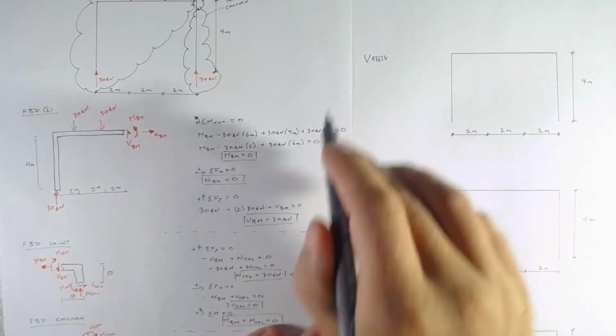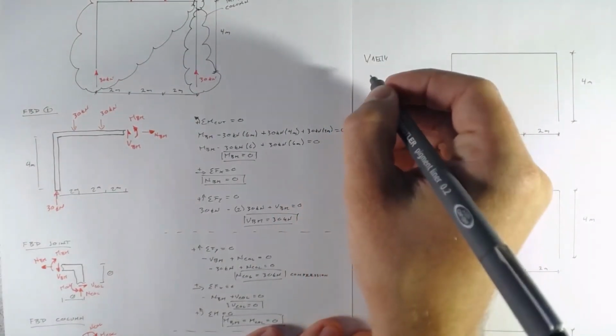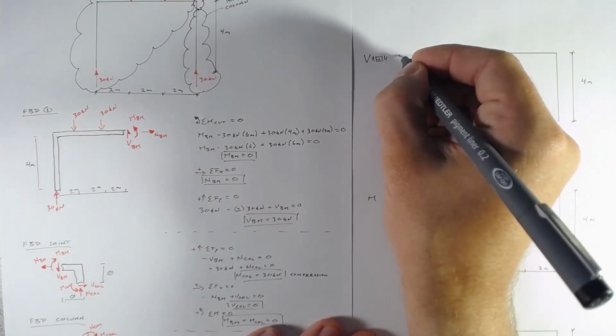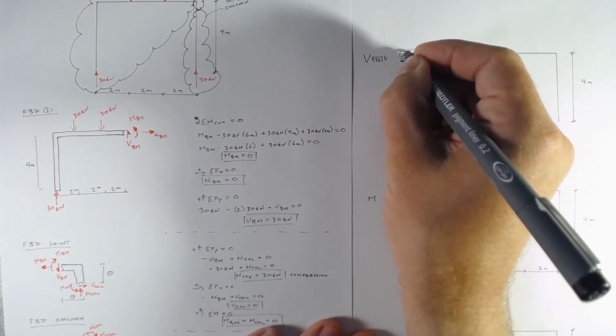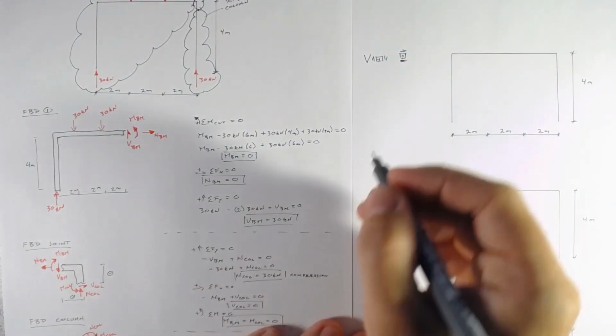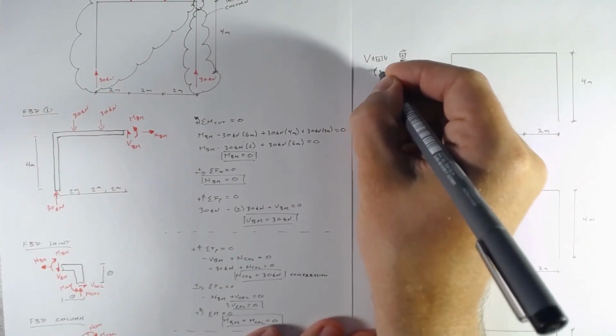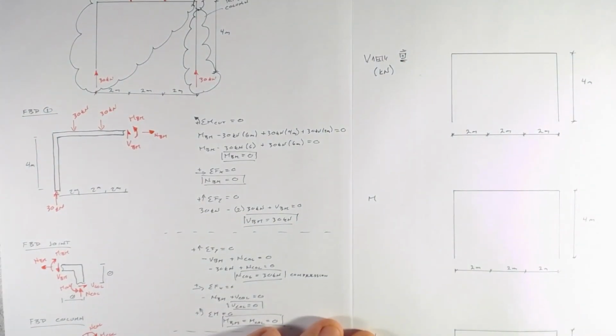If the shear makes the element want to spin in the clockwise direction, that is positive. While it's the same rotation, we'll draw it as a vertical member as well, I apologize. The units will be in kilonewtons.